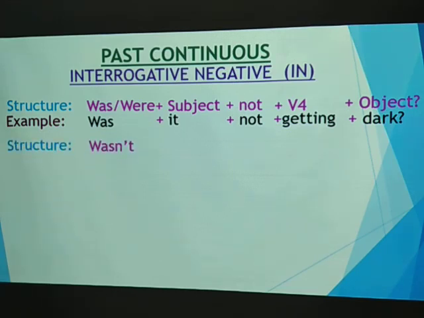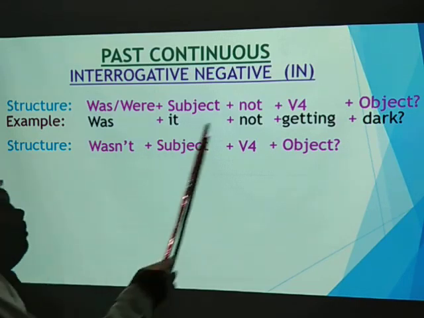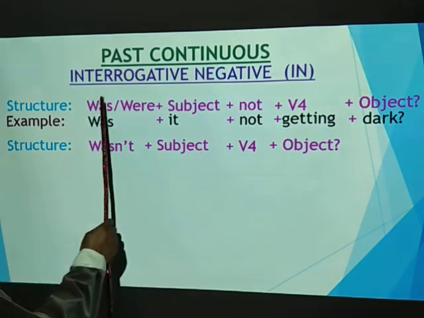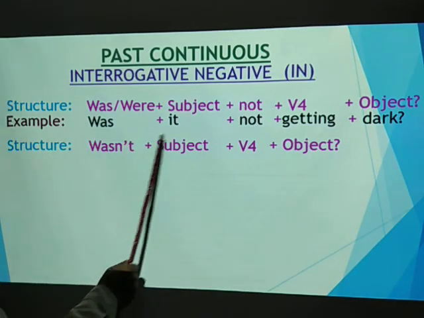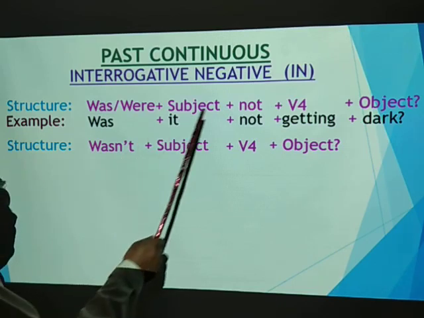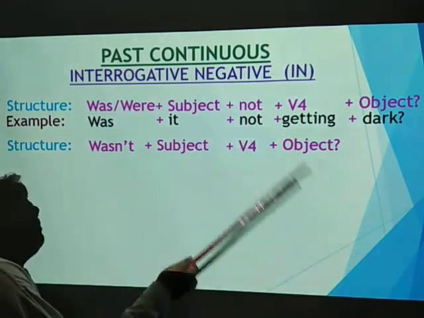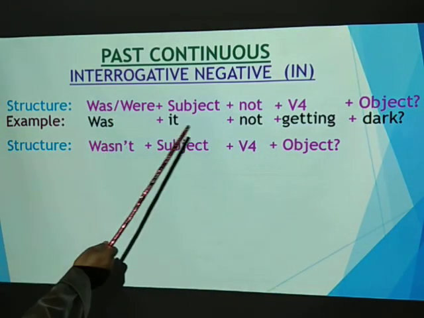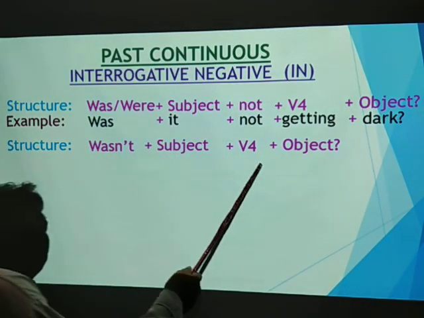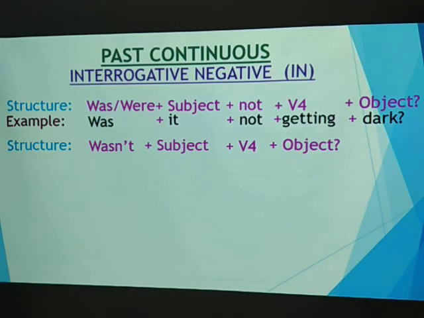The second structure: wasn't plus subject plus V4 plus object. So here not has combined with was, and it becomes wasn't, and not gets removed from its place. So wasn't plus subject plus V4 plus object.